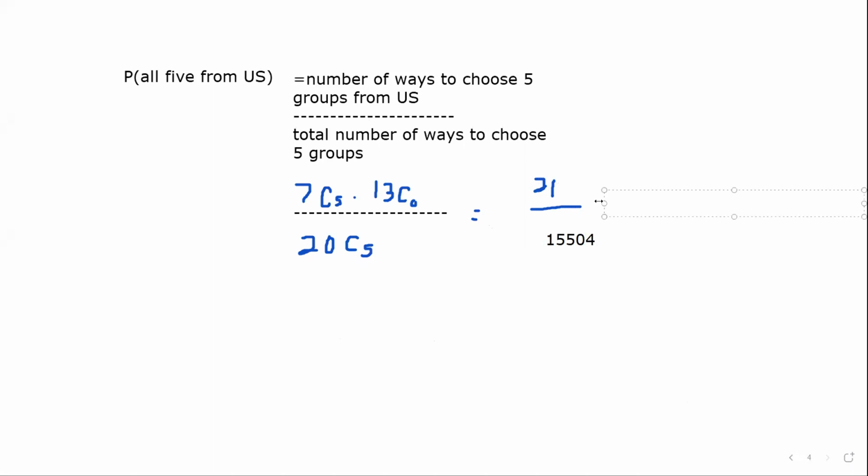And that comes out to about 0.014, which is about 1.4. If I wanted the extra decimal, I'm not sure, let me check to see which one it is.